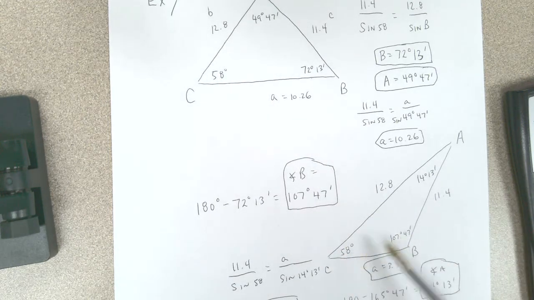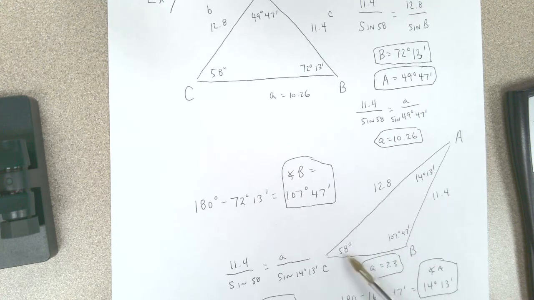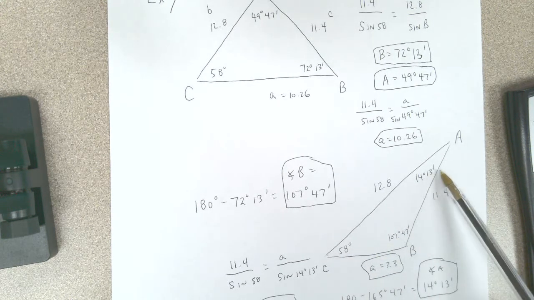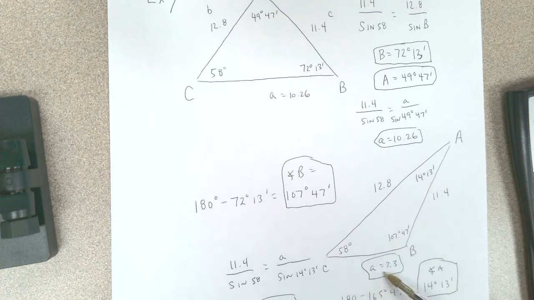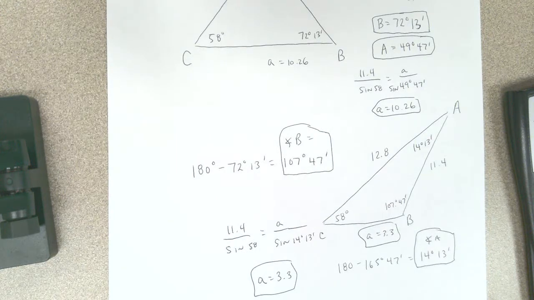We see it makes angle B an obtuse angle, and that makes angle A 14 degrees, 13 minutes, with the shorter side 3.3. Then we worked through and solved the rest of the missing values. Hopefully that helps you with the side-side-angle ambiguous case.